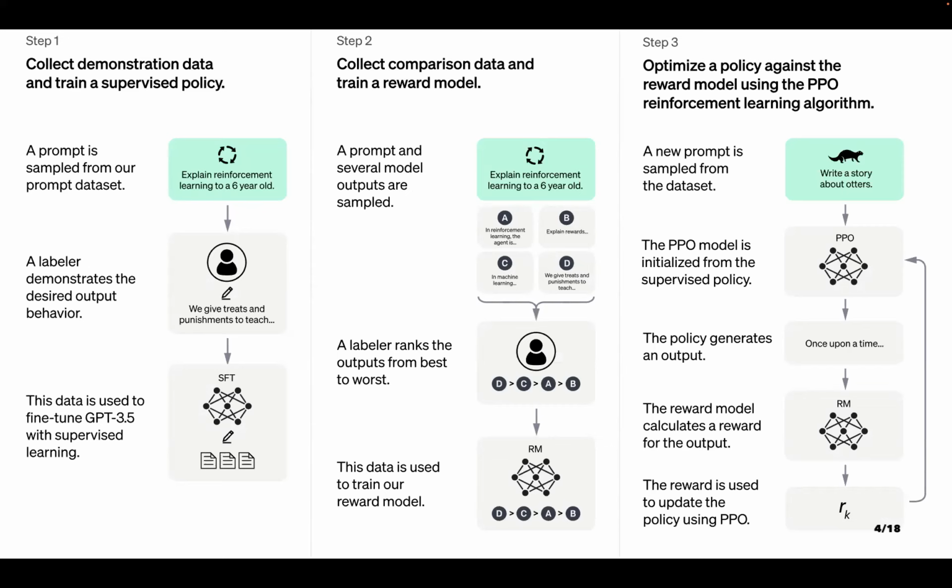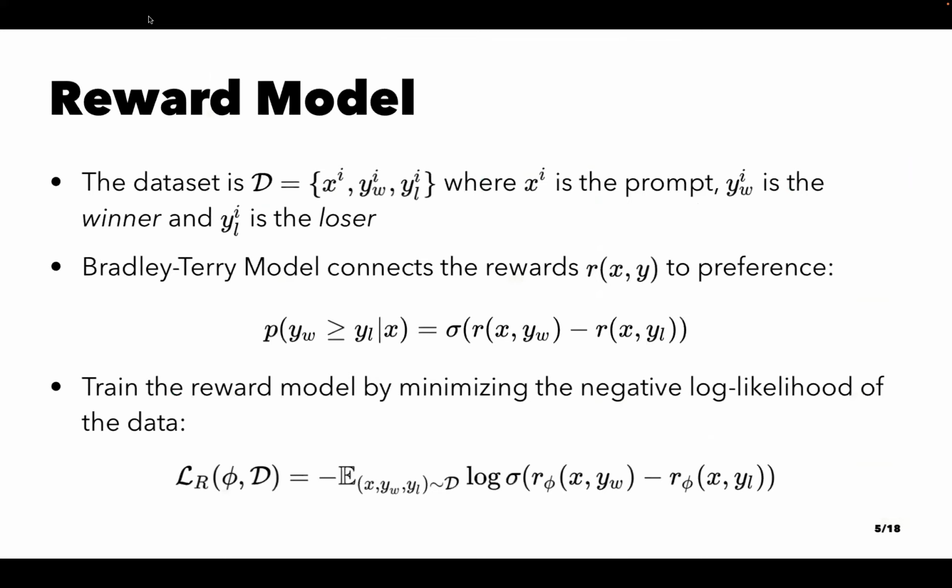You'll create a tuple where D will be bigger than C, and then another tuple where D will be bigger than A, and another where D will be bigger than B, and so forth. So from this ranking, you can generate many tuples of this form.